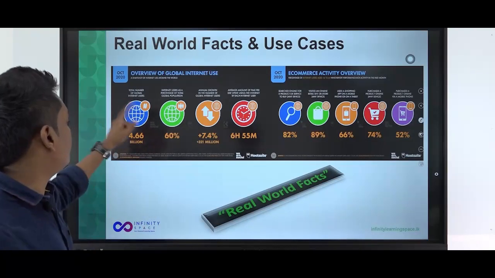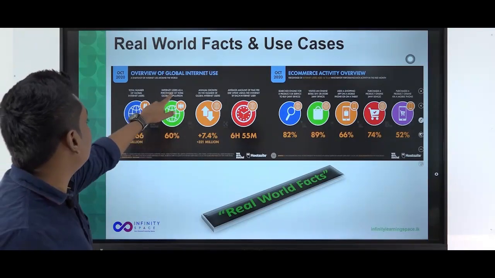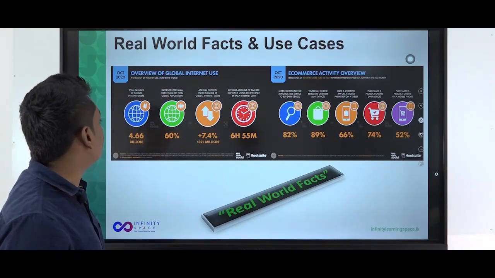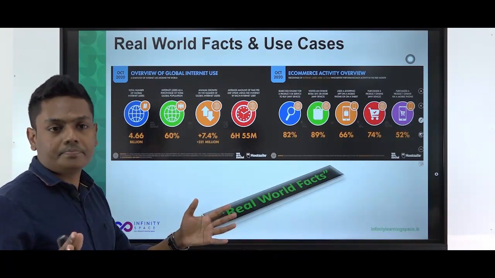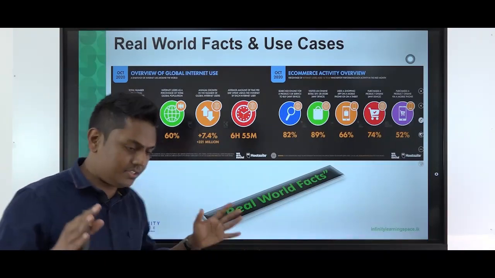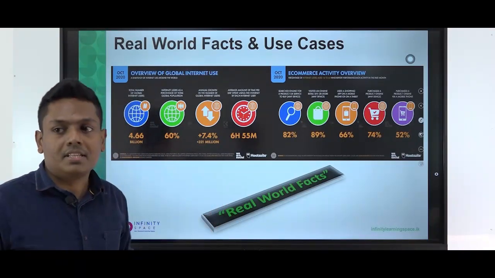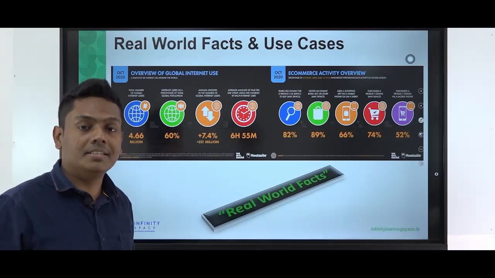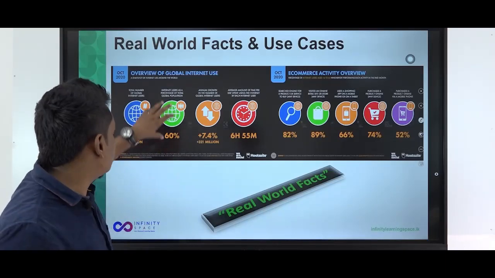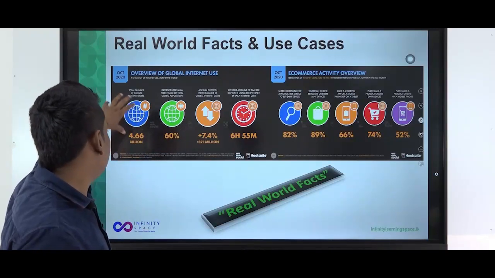So out of this 7.8 billion, internet users as a percentage of the total global population is 60%. Globally there are 7.8 billion people, and out of that 60% are using the internet.